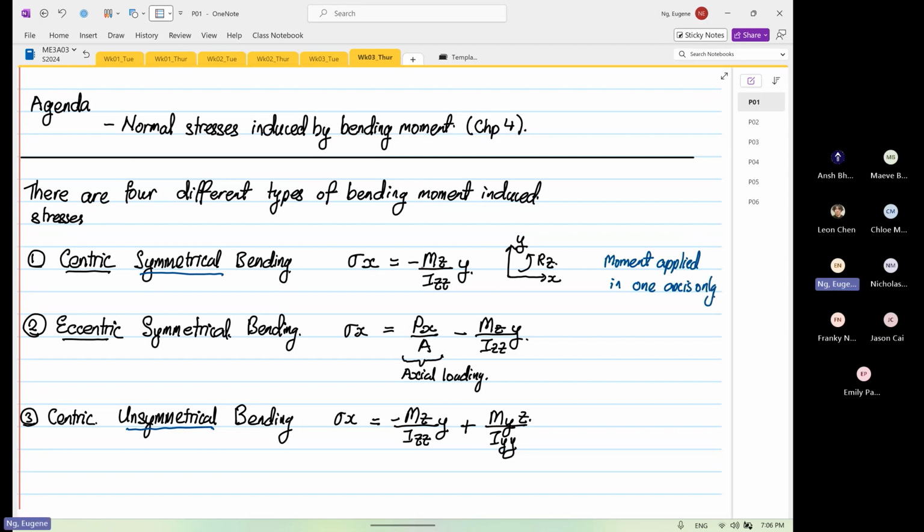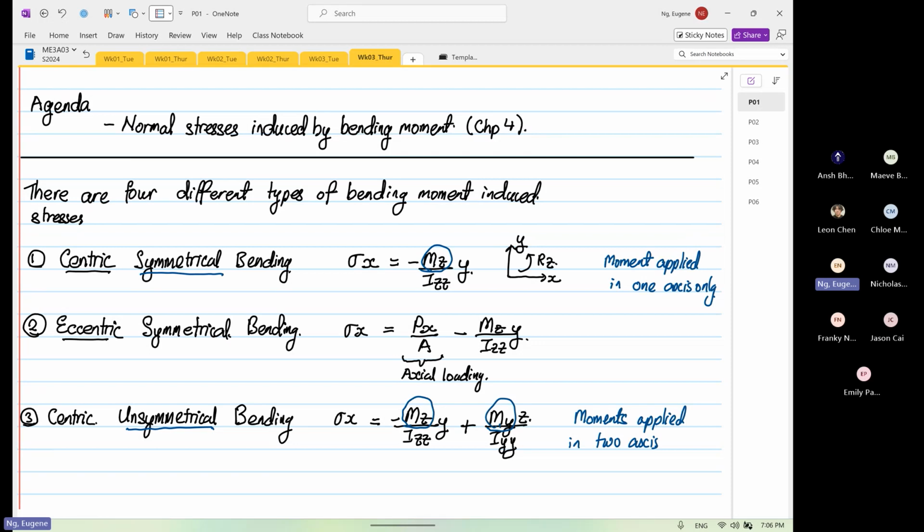For this case, it is moment about Z. When it's unsymmetrical, we have moments applied in two axes, i.e., over here you have Mz and you have My.